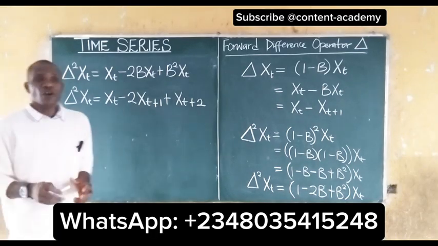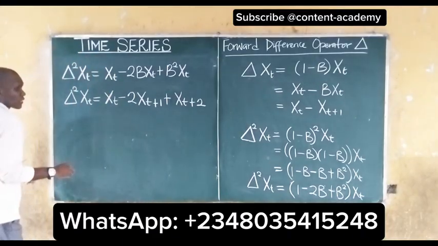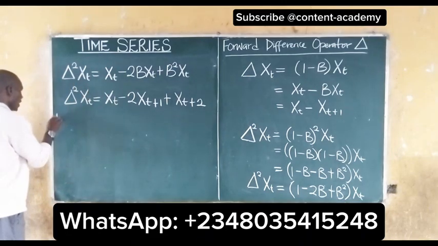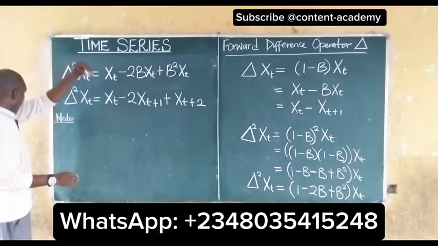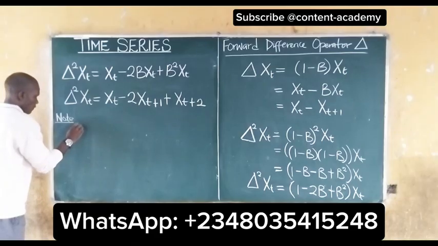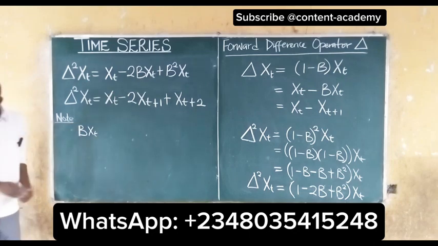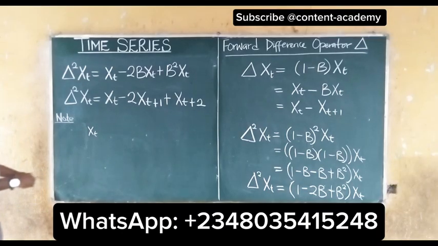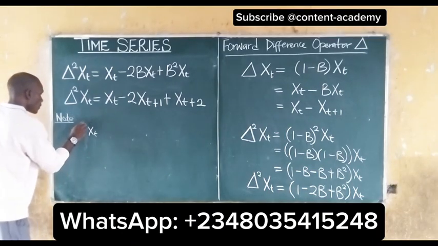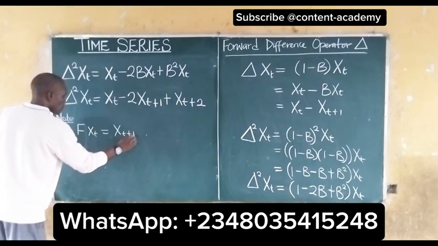So this is how we compute the backward shift and the forward shift operators in time series. We can also note that the forward shift operator for Xt is equal to Xt plus 1.